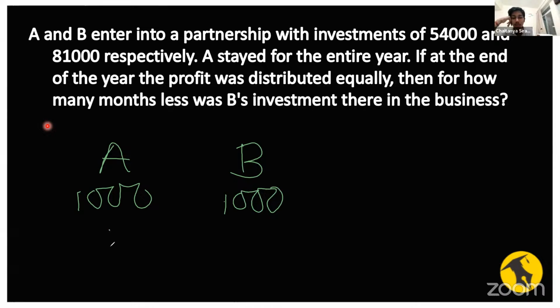And A was there for all 12 months, 1 year, while B was there for just 6 months. So do you think it is fair for A and B to get same profit? Definitely not. B will get less profit because he has only stayed for 6 months, and A has stayed for 12 months.